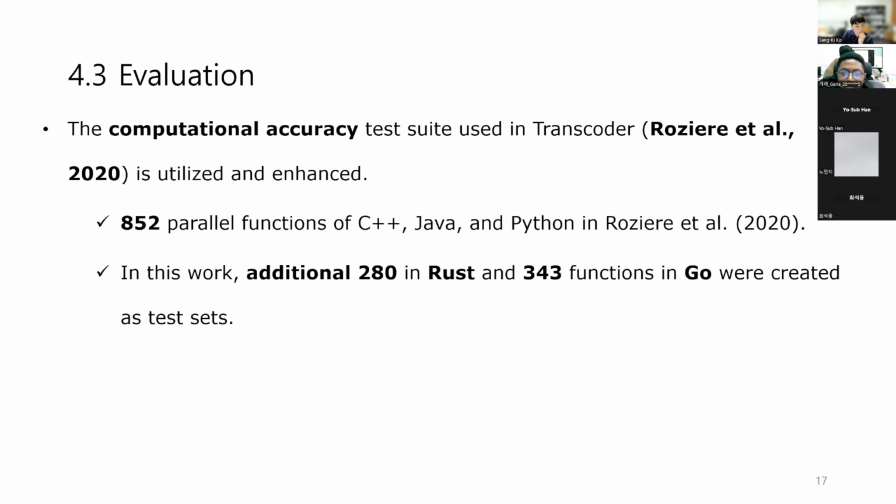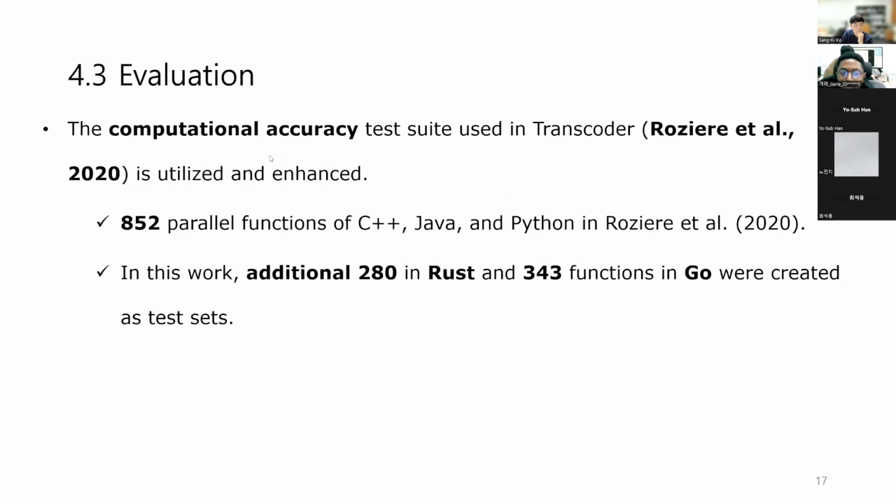For example, 852 functions in C++, 852 functions in Java, the same in Python. In the same way, when they create tests in the Rust and Go programming languages, they create unit tests for every function.